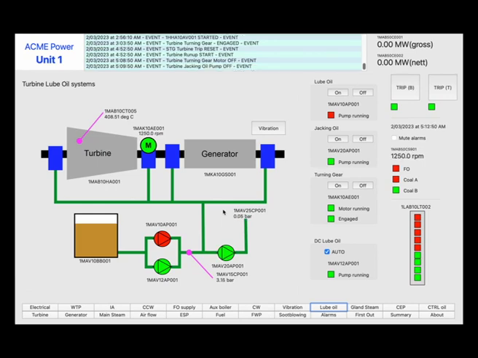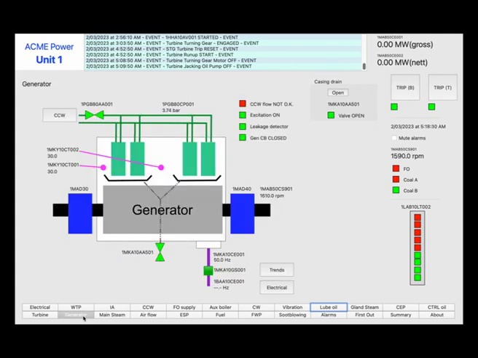Turbine jacking oil pump will stop when rotor speed is greater than 1080 rpm. Turbine rotor will travel through its critical speed around 2600 rpm. Pay close attention to rotor vibrations during this time.